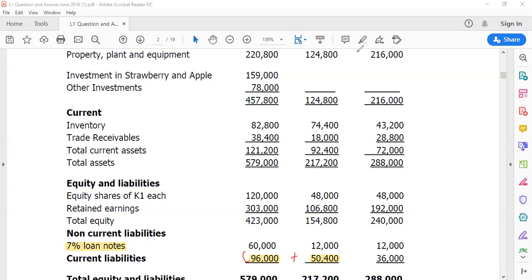Remember, we said this guy, we ignore the associate. So this guy and this guy we copy and paste on current liabilities. I need you to take a screenshot so that when you start posting, you will just be talking figures, so that we don't waste time coming back here, back and forth. For non-current liability, what do we do? This guy plus that guy, or we just copy and paste.